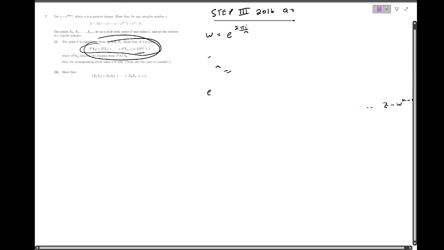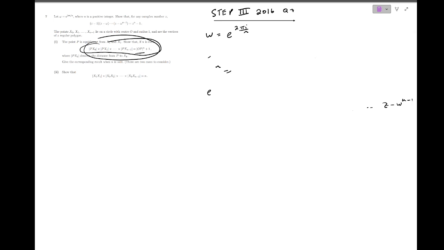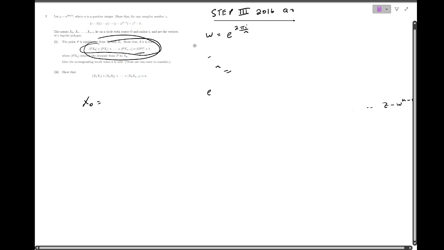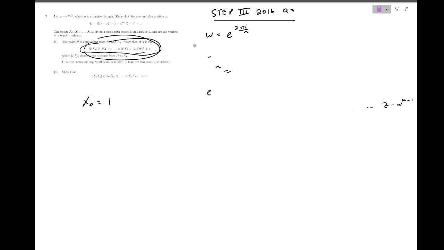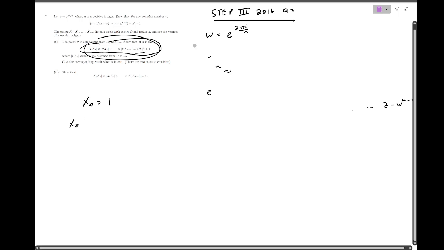Nice. Okay, so now we need to show that essentially the product of the distances of each root of unity from x naught is equal to n. And if we recall, x naught is just our first root of unity, which is just 1, right? So x naught is 1, x1 is our first root of unity, x2 is our second root of unity, and so on. So x naught, x1 is just, like I said earlier, the distance between 1, the modulus of 1 minus x1, which is equal to modulus of 1 minus omega.